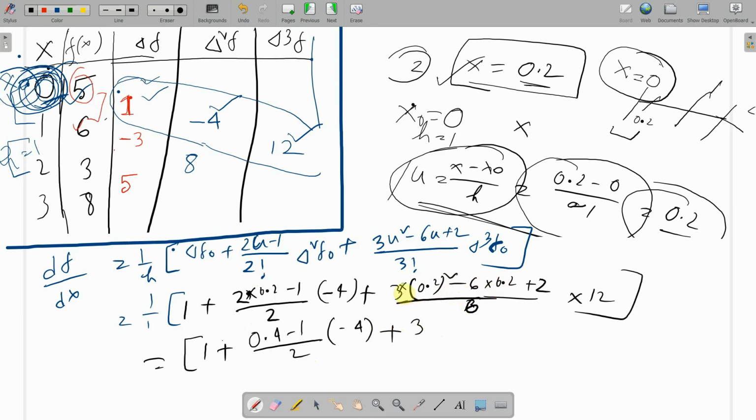Do this first, do this one, and let me know. Let me do it. So first calculate this and tell me how much is coming. Is this 2 coming, is this 1 coming? What calculation are you doing?